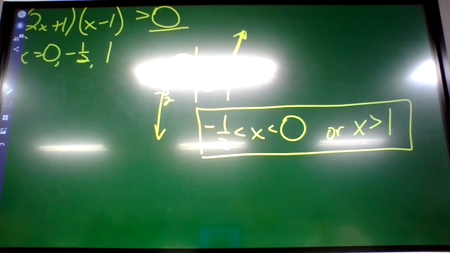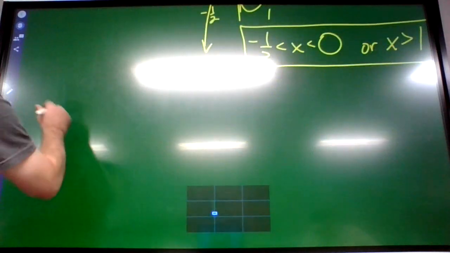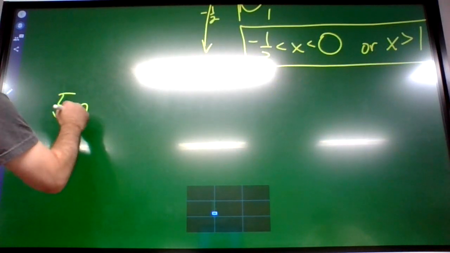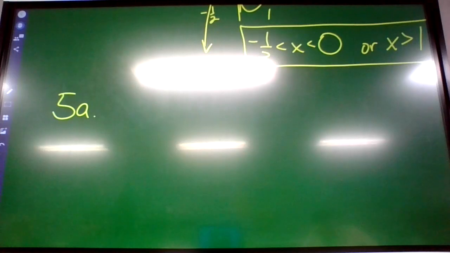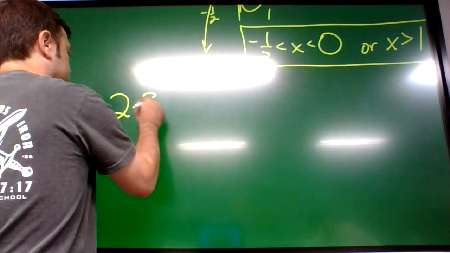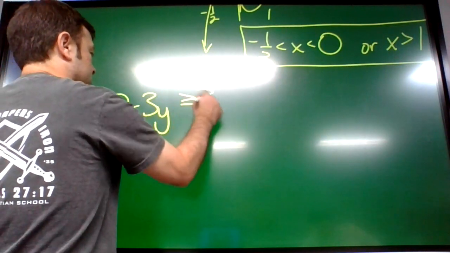Each point in the coordinate plane. This is a very abbreviated summary of chapter 3. 2 minus 3y is greater than or equal to x.